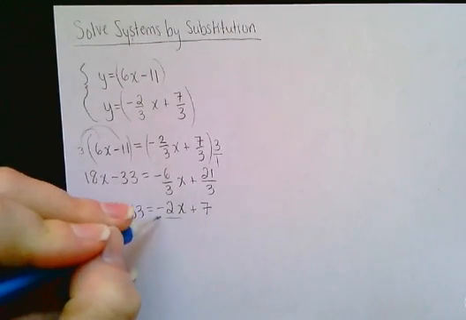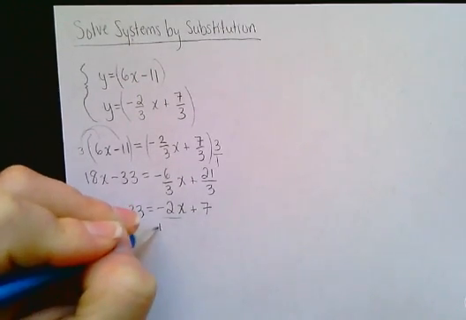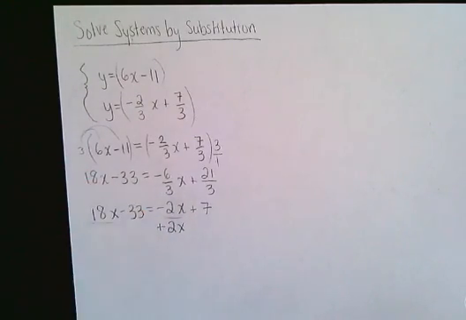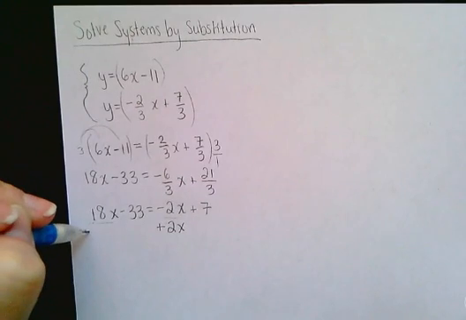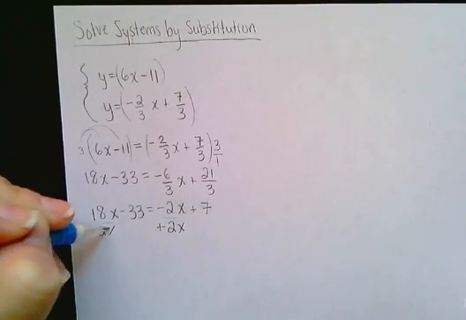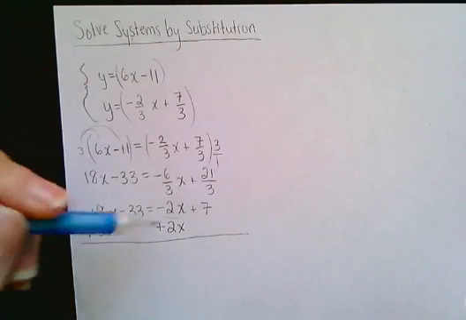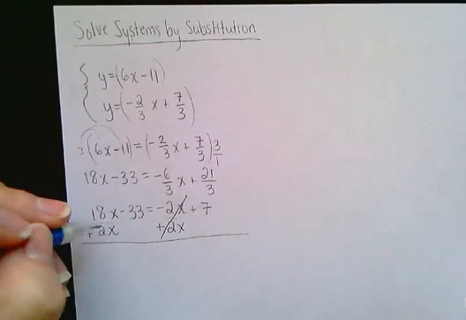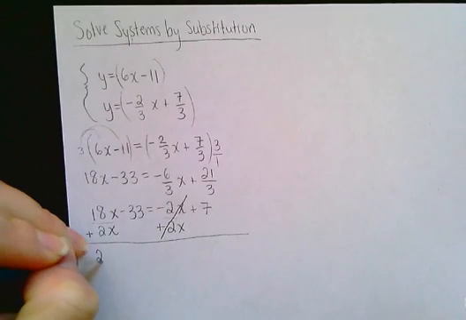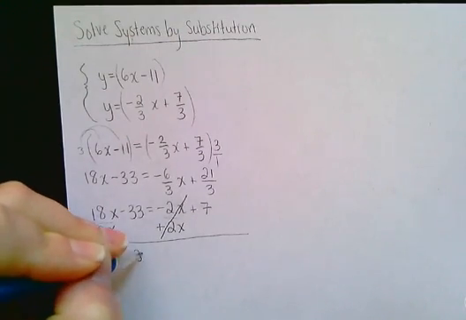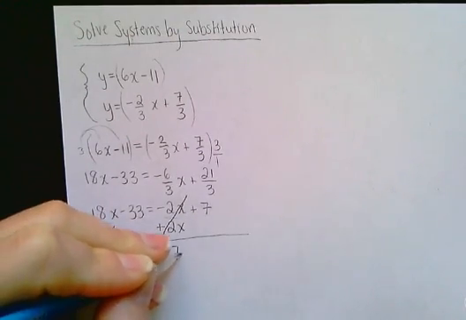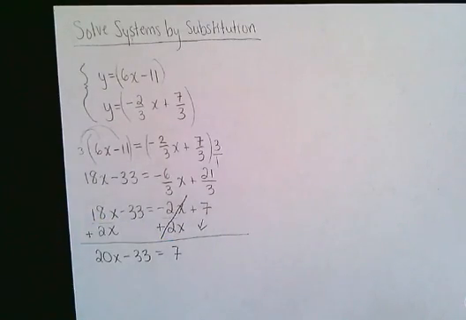Since it's a minus 2x, I just add 2x to it, because if you have a negative 2 and a positive 2 together, they're going to cancel out, and I'm also going to add the 2x to this side. So this cancels out, and now I have 18 plus 2 is 20x minus 33 equals 7. I just bring down that 7.